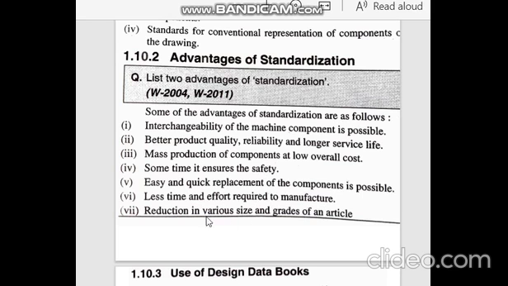That means you are limiting the variations, that is, how many varieties are there. We should limit that to a reasonable level. Okay, so we'll stop here today. Thank you.